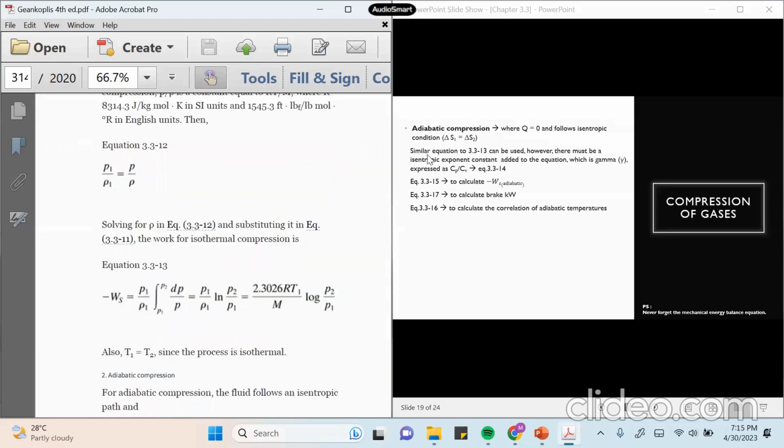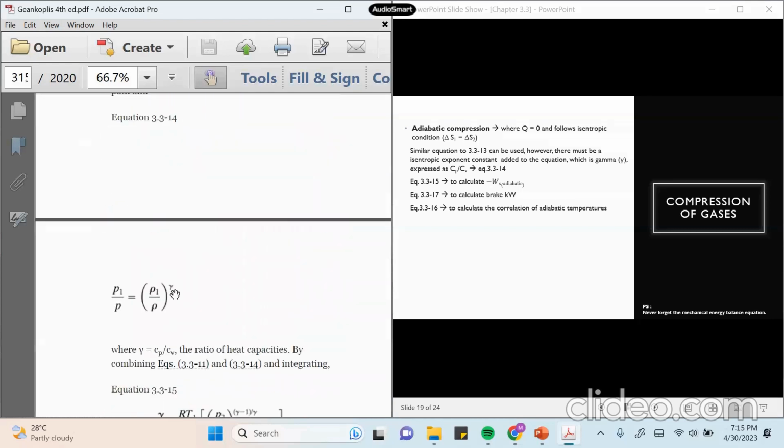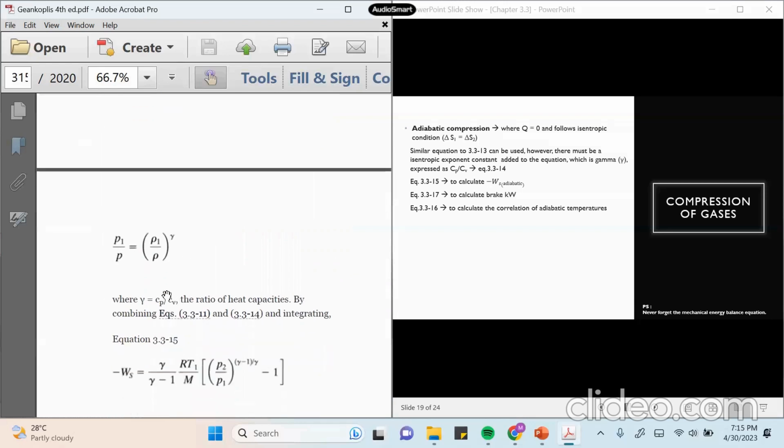Sorry, it's not similar to equation 13, but similar to equation 12. Similar to equation 12 can be used. However, there must be an isentropic constant here, which is gamma. And this gamma is expressed as Cp over Cv.